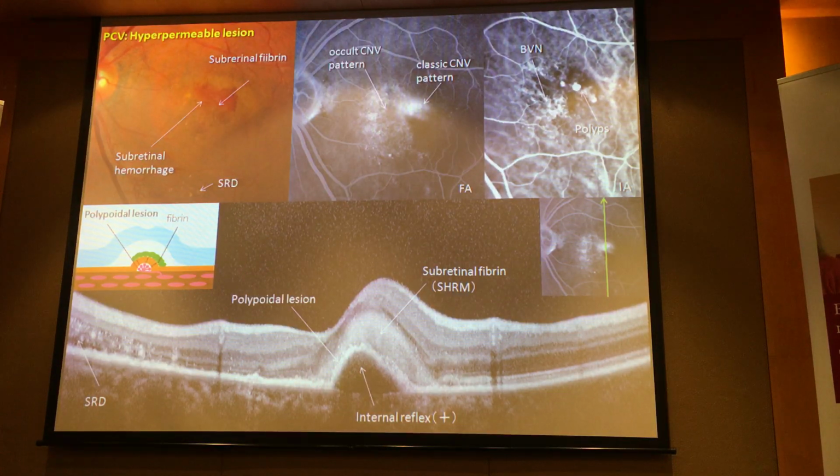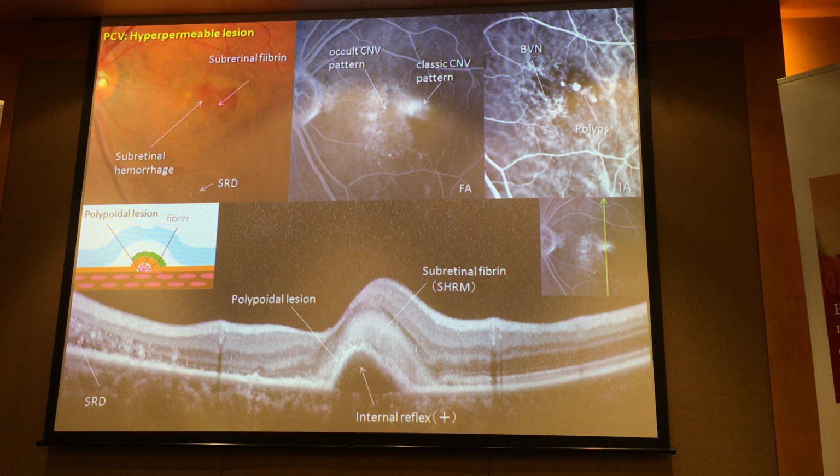This is a PCV with a hyperpermeable region. You can see a subretinal hemorrhage and subretinal fibrin, the grayish exudate under the retina, and serous RD. On fluorescein angiography, there is an occult CNV pattern corresponding to the BVN, and a classic CNV pattern with very strong leakage from this region.